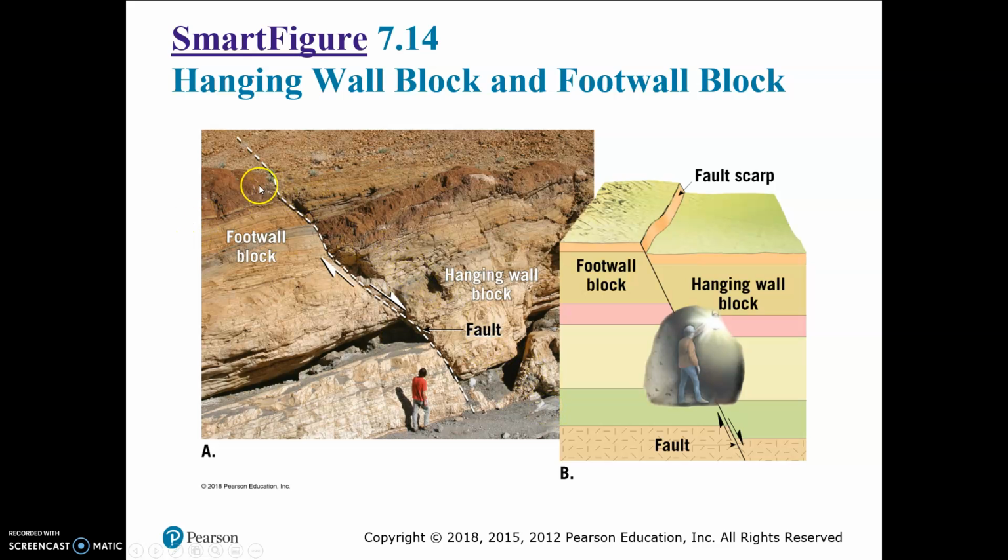And you can see, if we look at these particular layers right here, that they are identical to one another. But because of this dip-slip fault, we have now separated those. And it's kind of hard to see here, but here's this fault scarp. And essentially what happens is we're exposing this layer here by this particular part slipping downward.